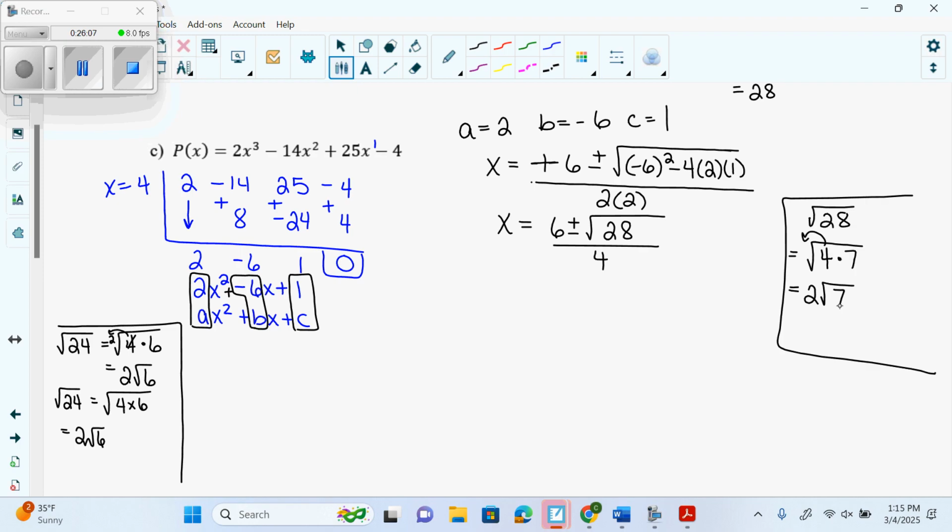Because sometimes you guys pick too small of a perfect square and you can actually keep going, right? Sometimes it's like root 17. Is there anything I can do with the root 17? No, it just stays root 17. Sometimes you can't reduce it. 17 is a prime number, so for sure can't reduce it. So I'm going to replace this with 2 root 7.